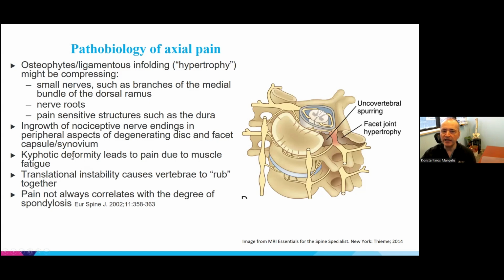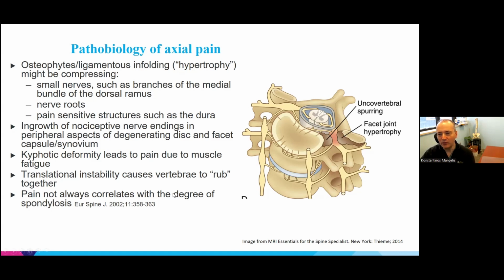And in some cases, you have the development of kyphotic deformity, either in the neck or in the low back, and that creates more pain because the muscles need to work more to keep the spine straight. And in some cases, then we have instability where the bone starts slipping out of the normal position, and that translation movement back and forth creates pain from, let's say, rubbing the bones together.